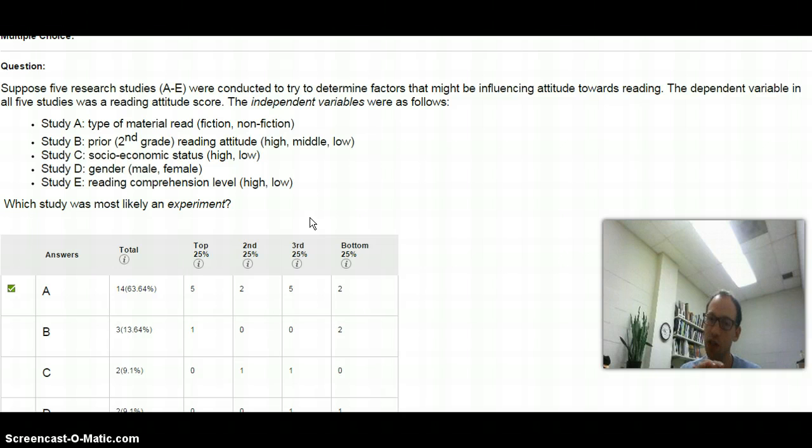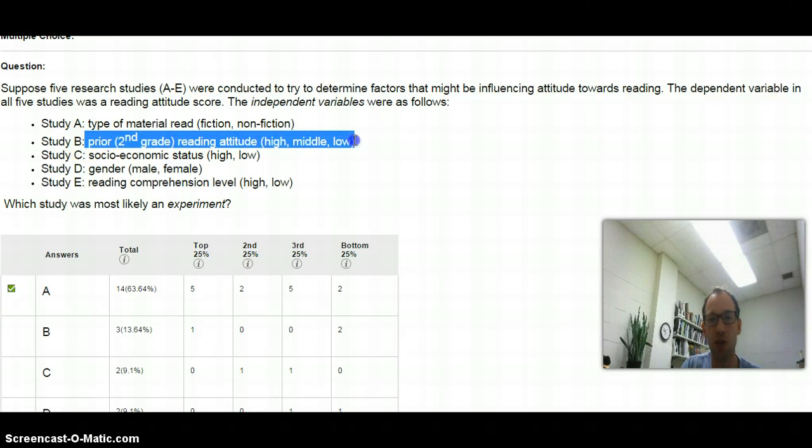But because we're randomly assigning people to the treatment, we have to make sure that each person could be in that treatment. For example, if we look at prior reading attitude, and I have a sample and divide it into 3 groups, I can't tell these people you have to have a high prior reading attitude, you have to really enjoy reading, and this group you have to hate reading, because that's not realistic.